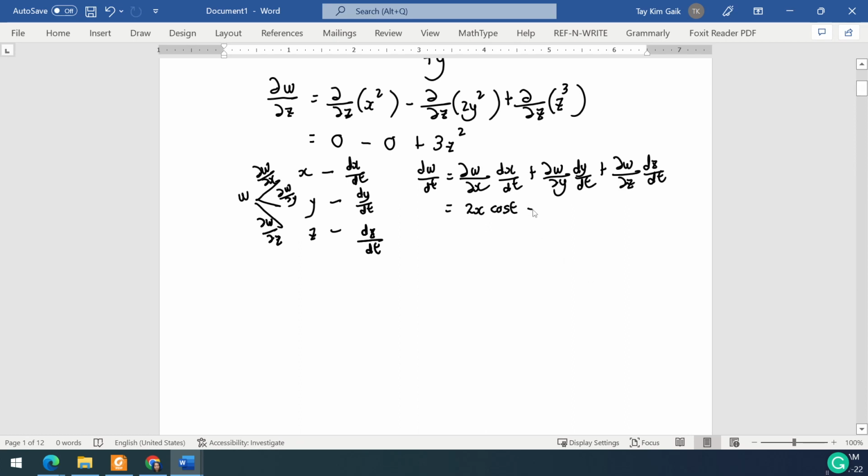Dy dt is exponent t. Del w del z, you got 3z squared. Dz dt is 3.